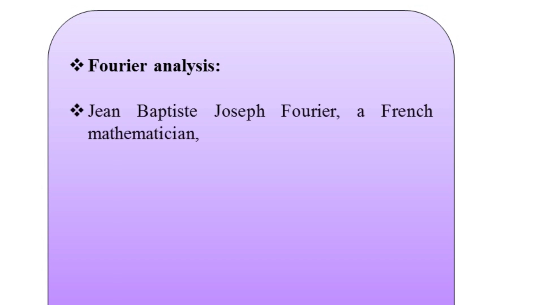Now here we have just a recap of what exactly Fourier analysis is, with respect to certain time instances, the years we shall be mentioning as a part of history. Fourier analysis was introduced by Jean-Baptiste Joseph Fourier, who was a French mathematician.